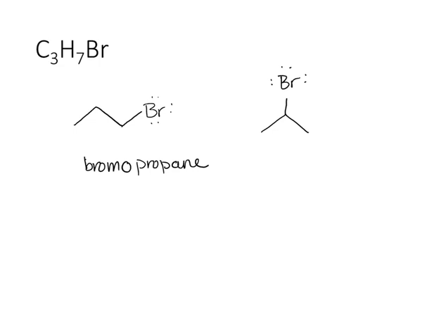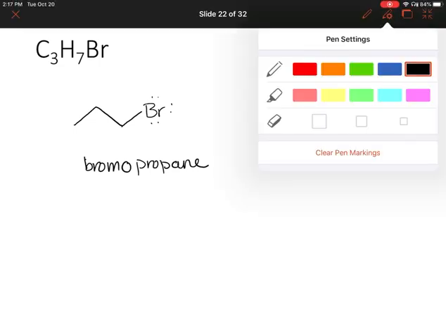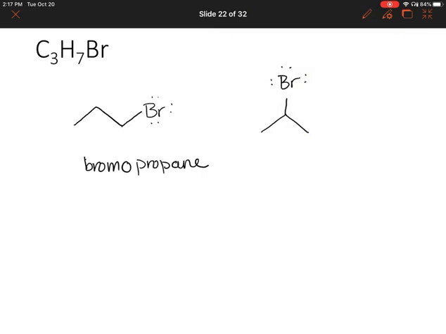And which carbon is bromine on? So remember, we want to make sure our substituent has the lowest number possible. So you might be tempted to number this molecule from left to right. So 1, 2, 3.